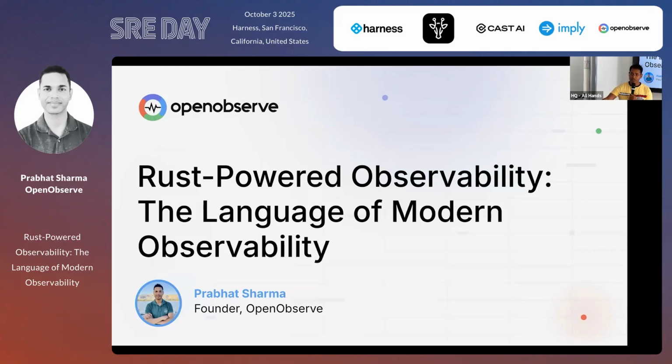We looked at existing systems built in different programming languages, including Java, Go, C++, and realized that the new kid on the block is Rust. It wasn't really that new, but for the purpose of observability, it worked very well. We'll get deeper into what we get by moving to Rust for observability.